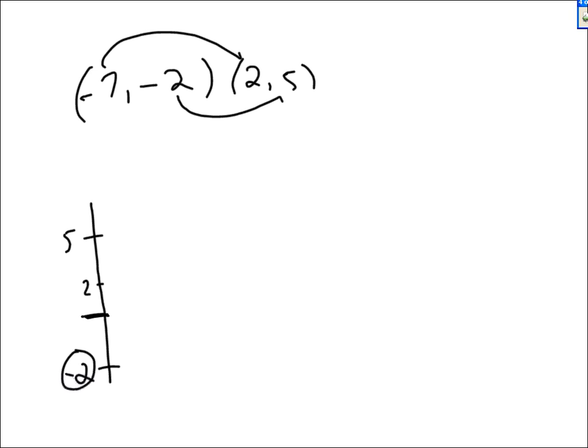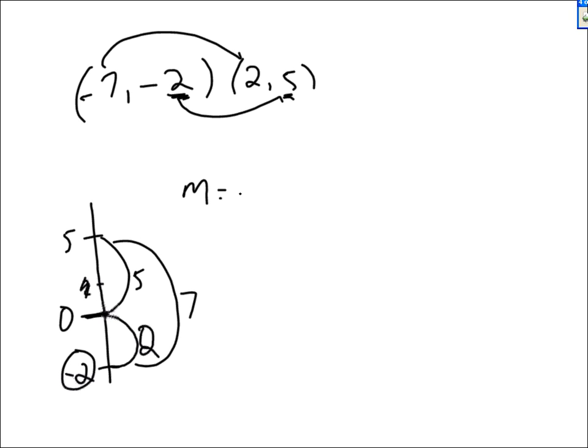Say hello to 0. It won't hurt you. So negative 2 to 0 is 2. And then from 0 to 5 is 5. So 2 plus 5 is 7. And to be real careful, you went from negative to positive. That's a positive change. You went up.